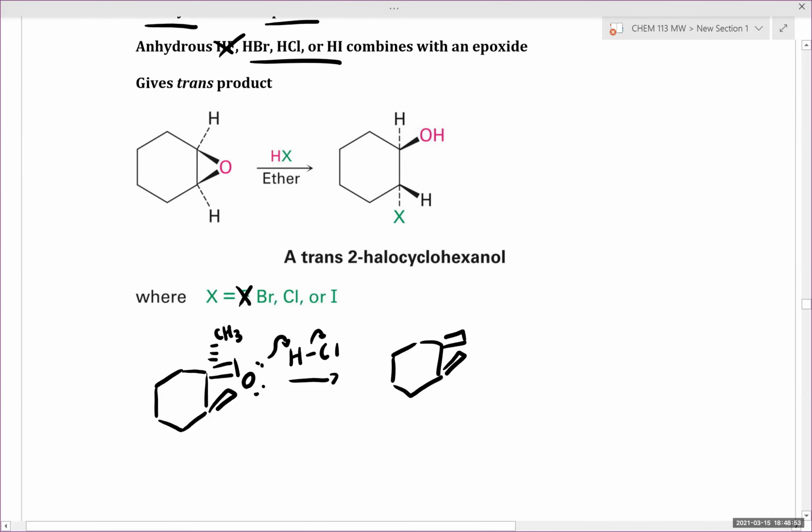We now have a more activated leaving group. Now, my question to all of you is, which site is going to be attacked by our nucleophile if acid-catalyzed epoxide opening follows Markovnikov regiocontrol? What site is going to be attacked? So A or B?